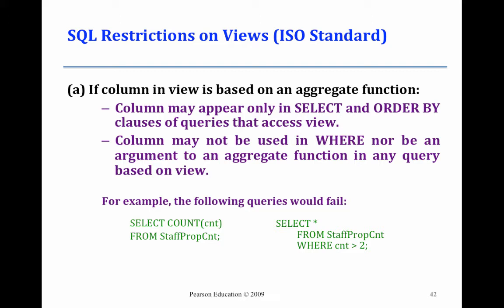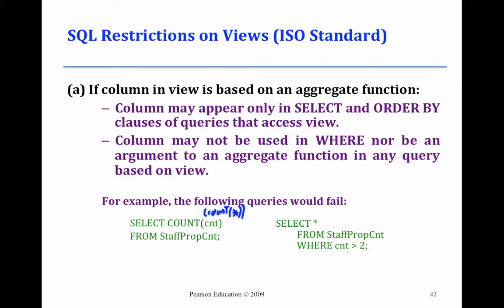So for example, when I created the staff property count, I created a count field, but it was created from an aggregate function, so this query is not allowed because this is trying to do count on something that was already count star, and you can't do that.